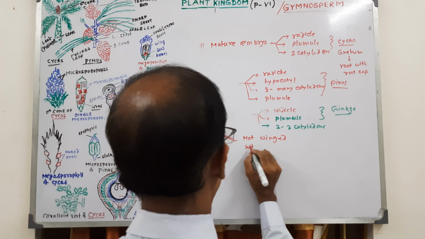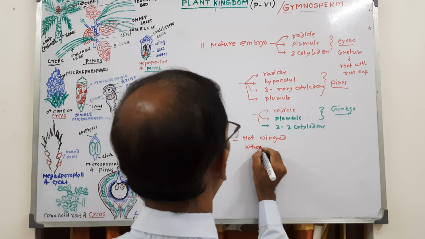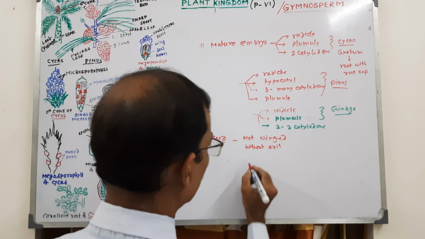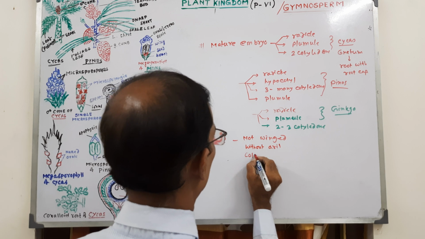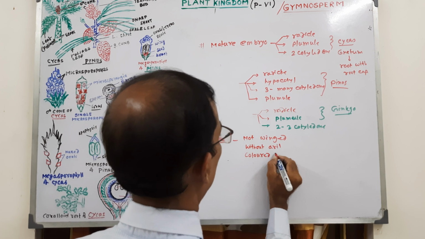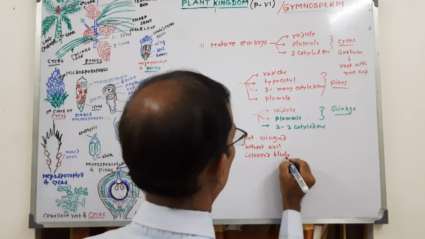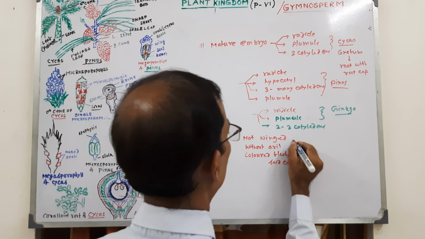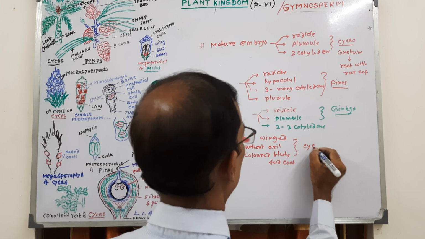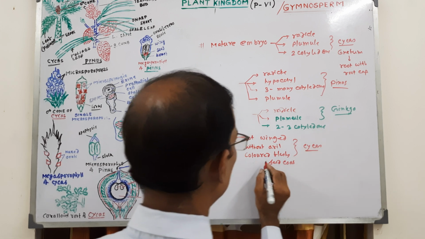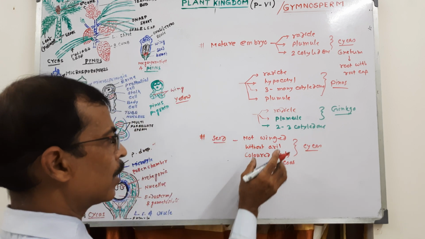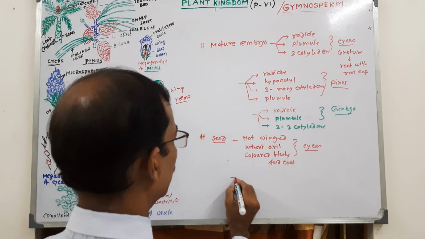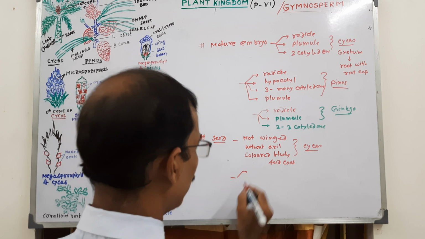But here in most of the cases without aril, and colored fleshy seed coat as in Cycas, and due to presence of colored fleshy seed coat, it is attracted by birds and helps them in seed dispersal.